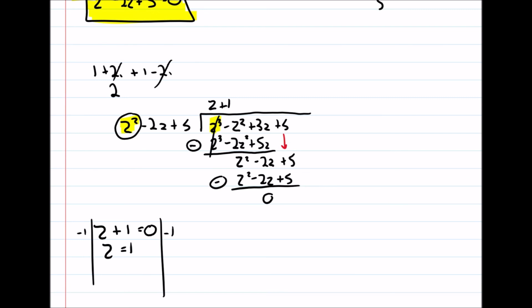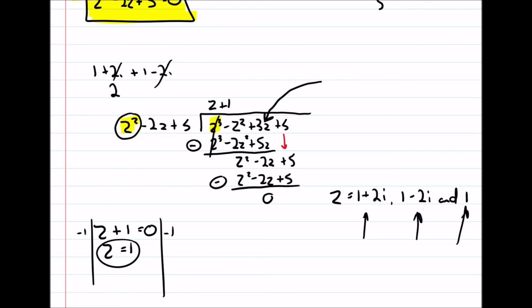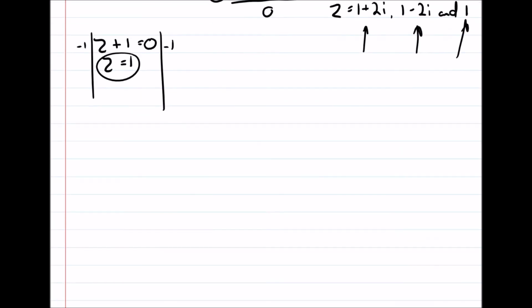So, 3 roots: z equals 1 plus 2i, 1 minus 2i, and this one here, 1. And the magic is, if I put any one of these in for z in this equation, I would get out 0. Okay, so that's it guys, thanks.